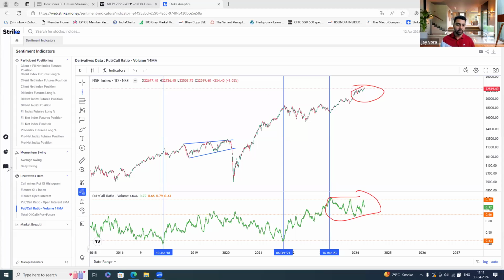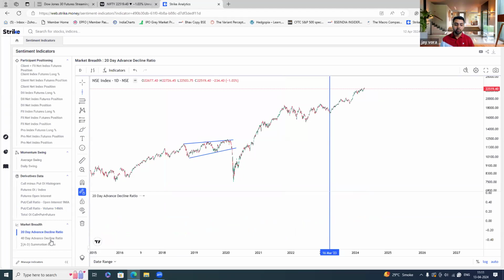So, like I told you, if a lot of indicators give you an indication that a bottom is going to form here, right? That's where you go all out, and the more the indicators confirm, the more confident you can be, right?